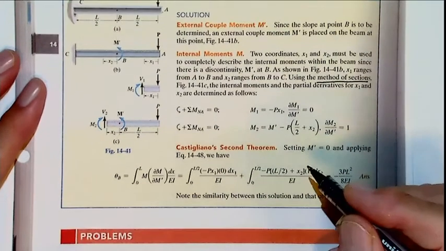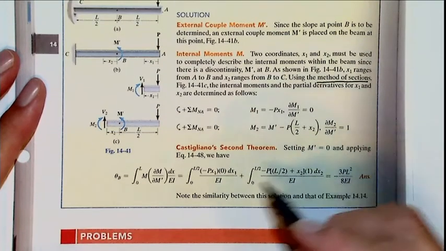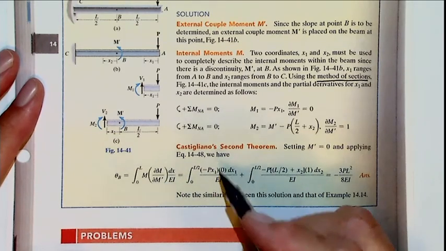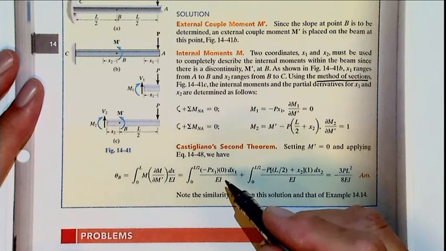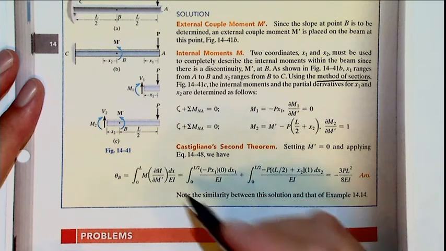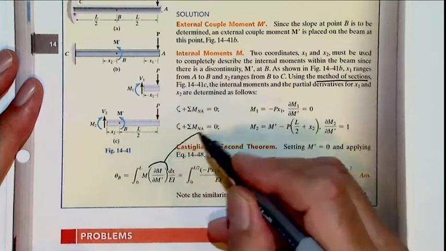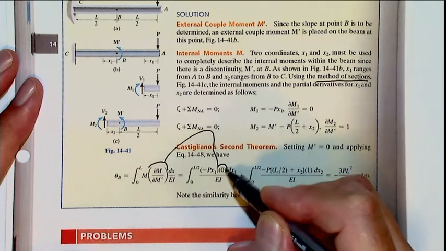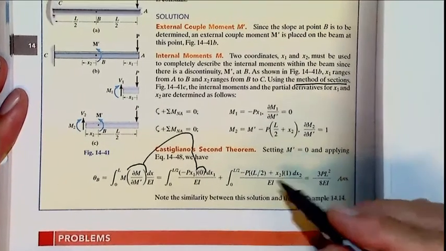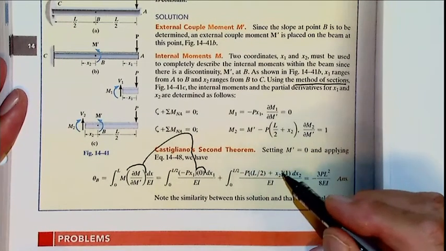Now we are using Castigliano's second theorem. Integral of M, dM over dM prime, dx over EI. So the minus Px, that is moment, its derivative is 0, that is this one. Okay, that is gone. Then here we have moment equals PL over 2, that is this moment.